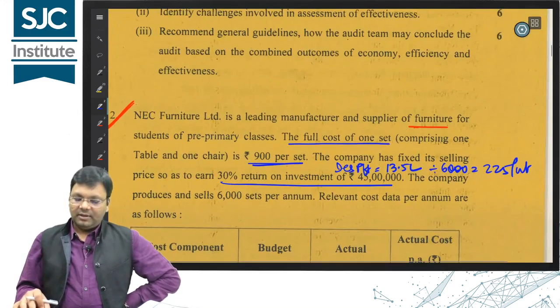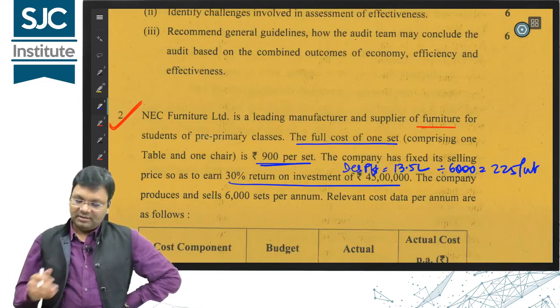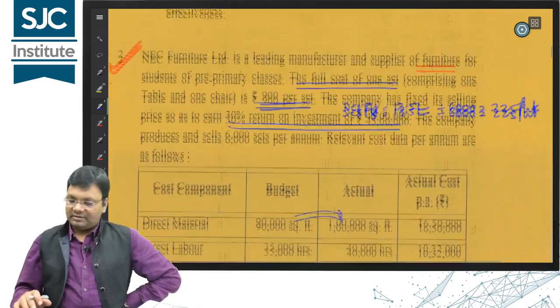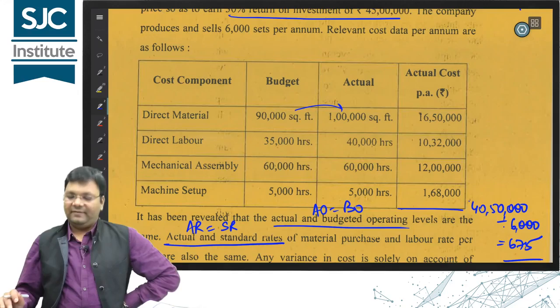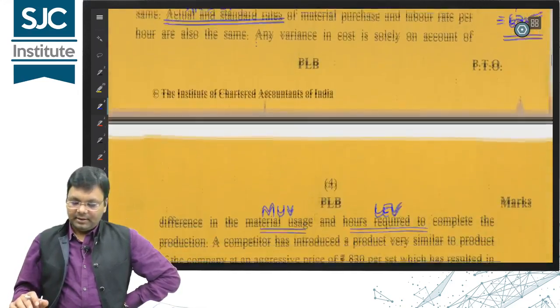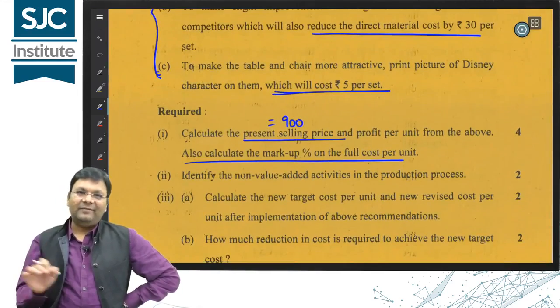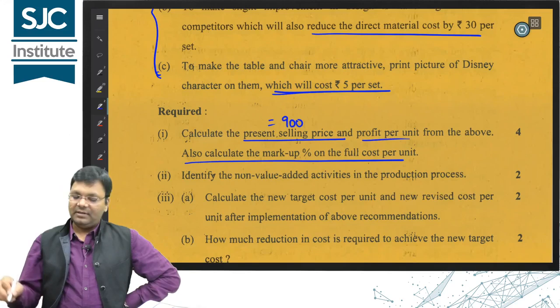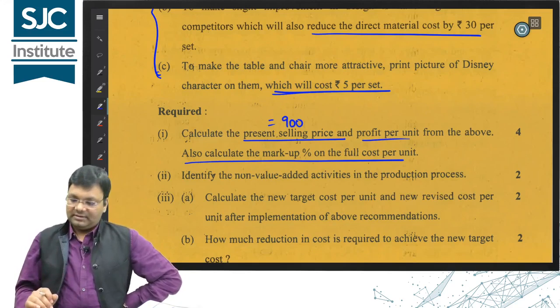Maybe they wanted to say that the buyer needs to incur 900 rupees per set, because in actual cost 900 is not coming, it is 675 and our price is 900. So this is something where the question writer may have confused himself with the language. That doesn't create a big deal because it is so obvious to understand.